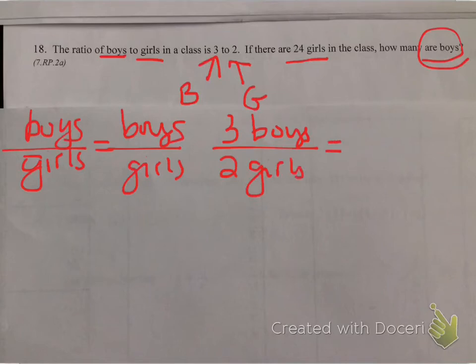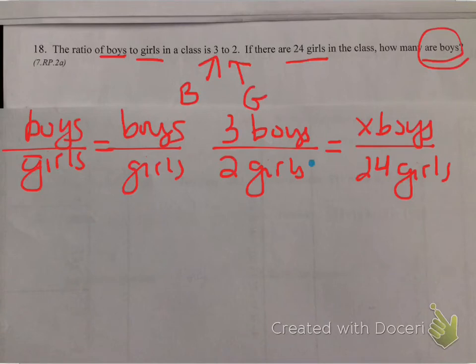We want to know how many are boys if there are 24 girls. Again, this is nice and easy. We could use the multiplication method to solve that, or you could use cross product, but 2 times 12 is 24. So 3 times 12 is 36 boys.